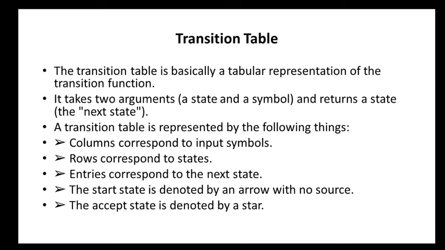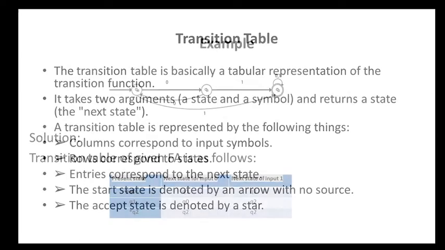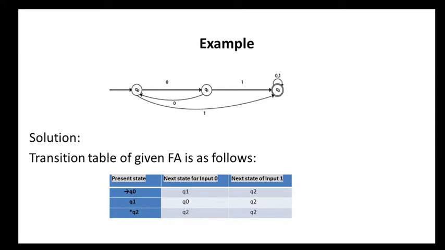In the columns we have input symbols, in the rows we have the states, and the entries correspond to the next state. The start state is denoted by an arrow with no source, and the final state is denoted by a star. For example, consider this example. This is one of the finite automata.